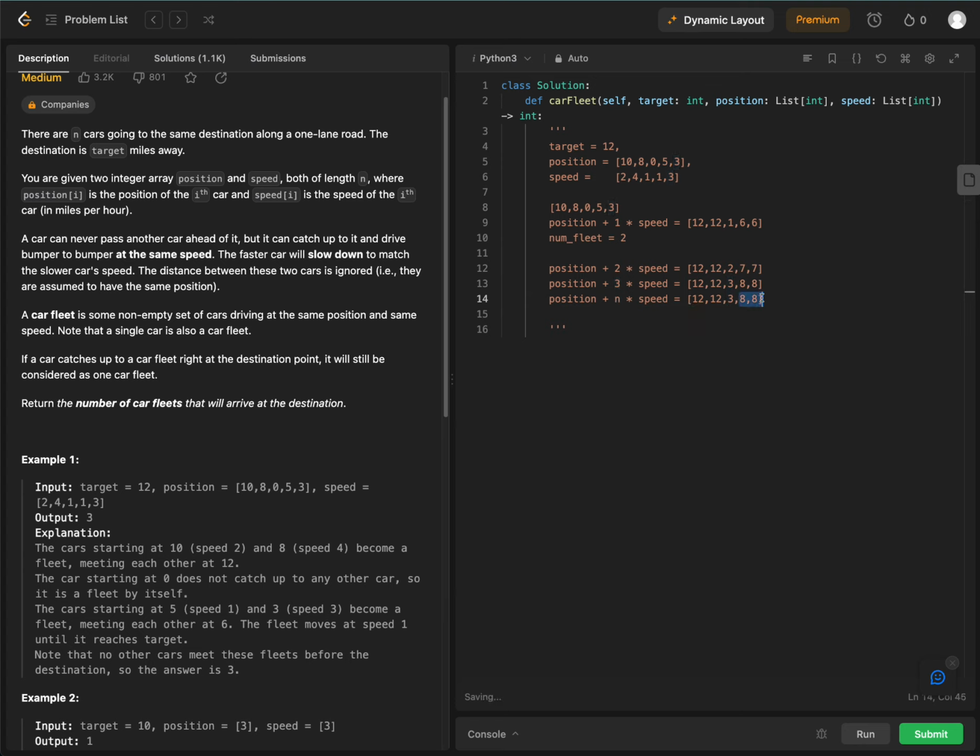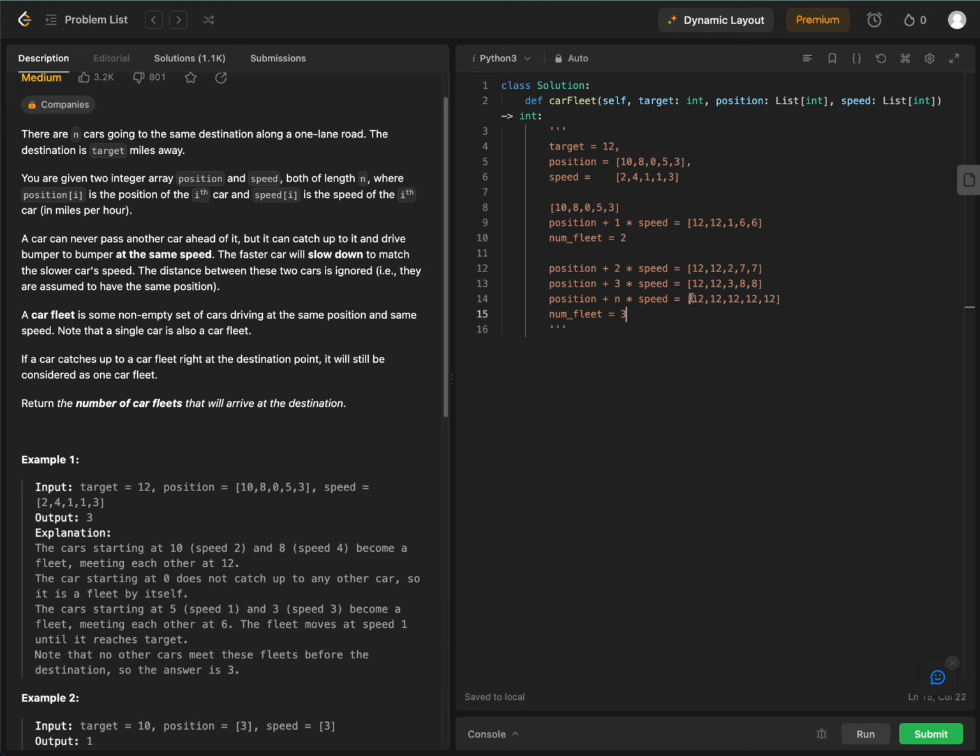The final answer will be something like 12, 12, and 12. These two are a fleet, these two are a fleet, and this is a fleet. Altogether, num fleets would be 3.